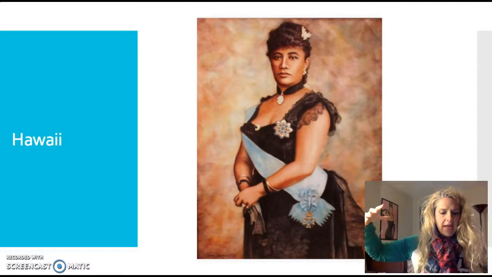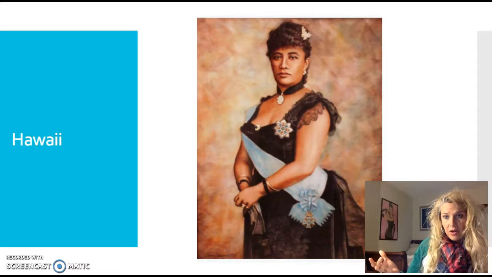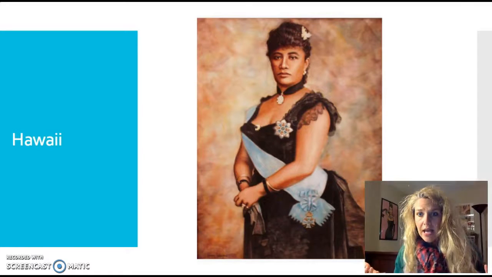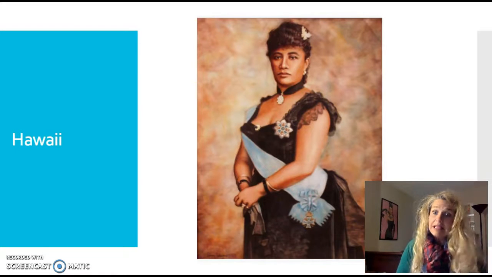Then you have the USS Maine, not sure if they're going to go to war, and then it blows up right next to Cuba, and they blame the Spanish. And actually, later on, we find out that it was not blown up. There was a fire, and it blew up on its own. So that's why you have to be very careful rushing into war if you find something like that out.